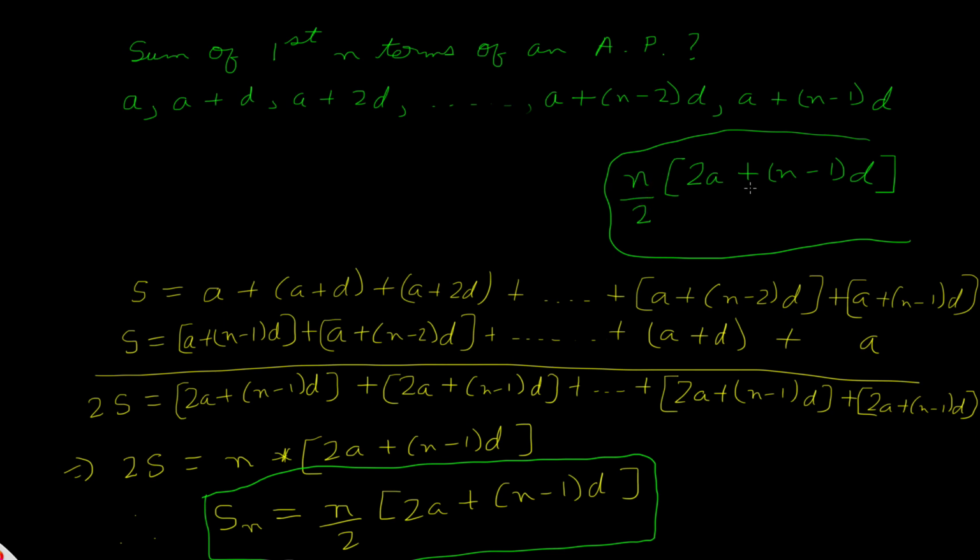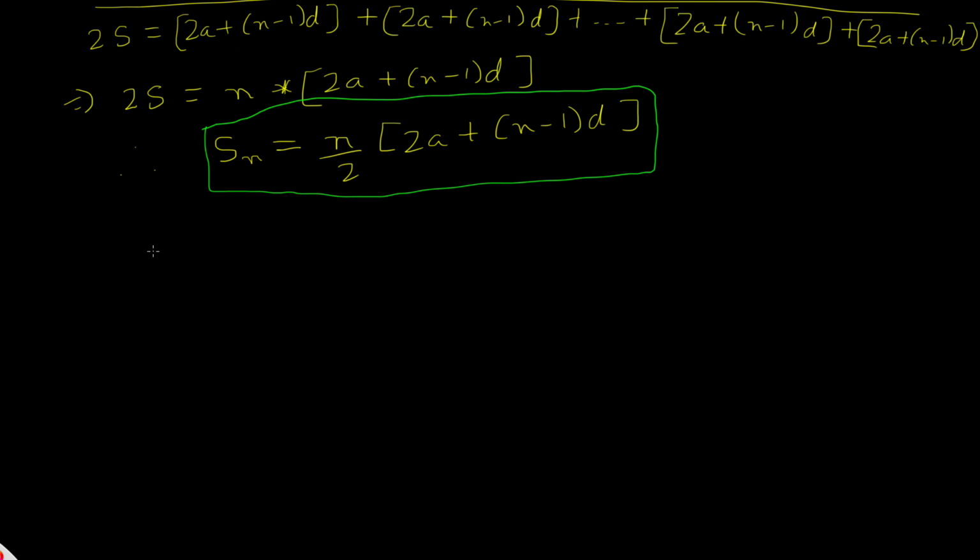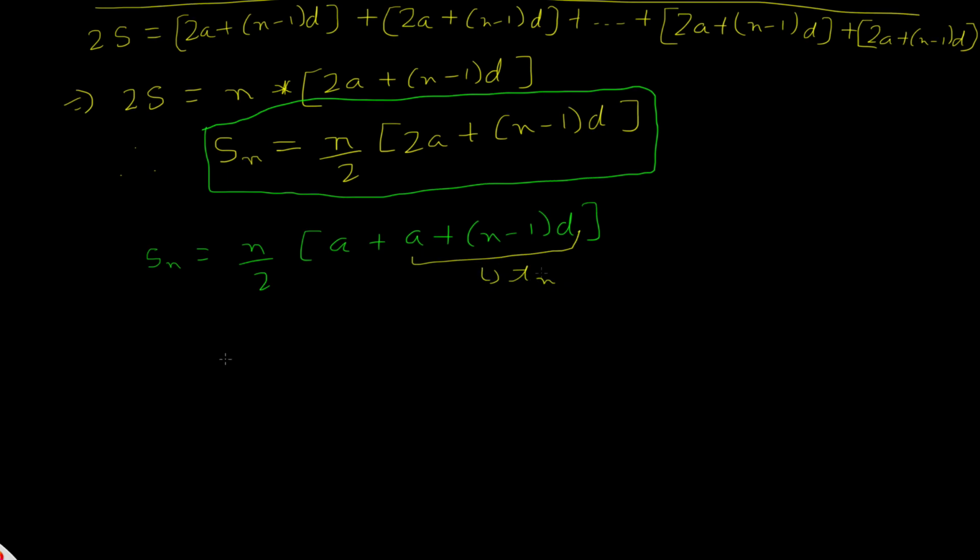This is our formula. A few things to notice here is that if we write this formula as n by 2 times a plus n minus 1 times d, then this expression here is essentially just the nth term. So let us say there are n terms in an AP, that is, Tn is the nth term or the last term of the AP.